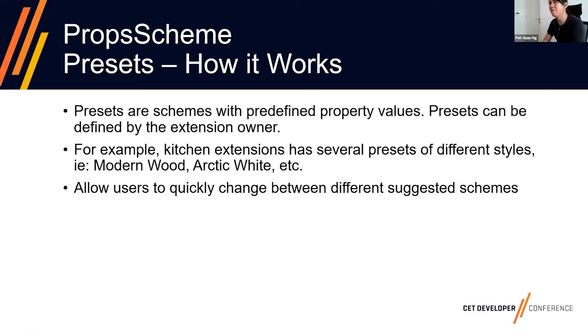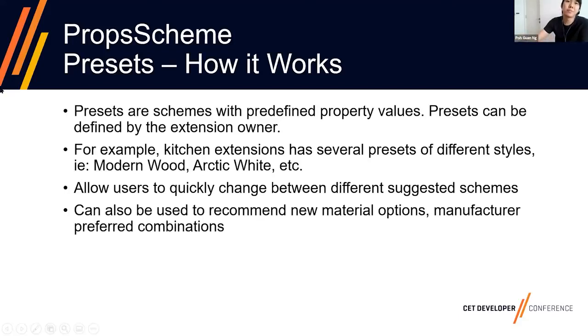It's very convenient if you know which color combinations users might like, and you put them into presets. You give it a nice preview, and it's kind of a way to market: oh yeah, you can pair it like that. Of course, you can also use this to recommend new material options and manufacturer-preferred combinations.